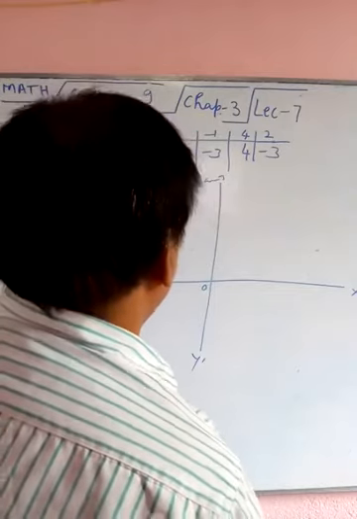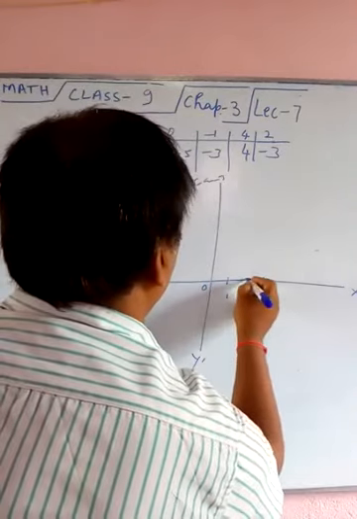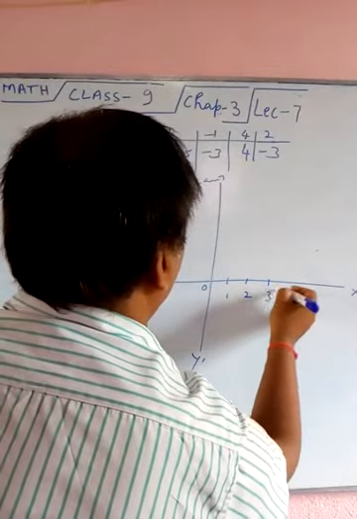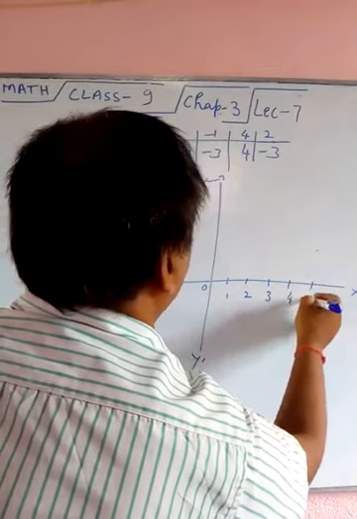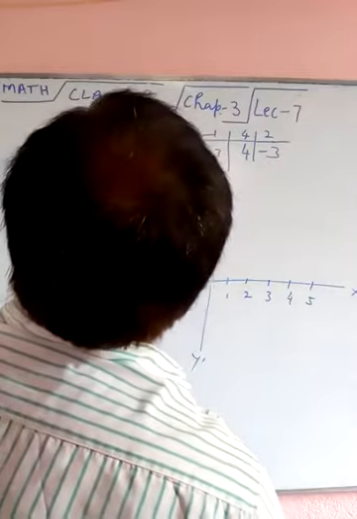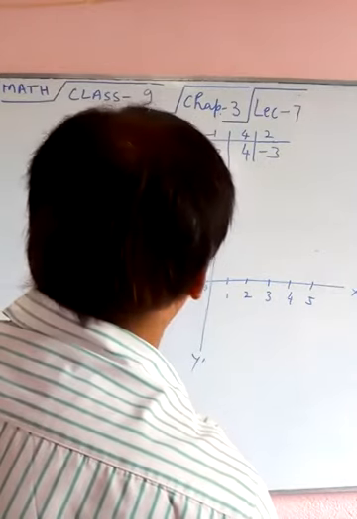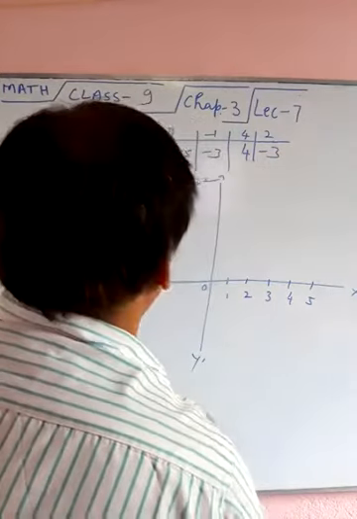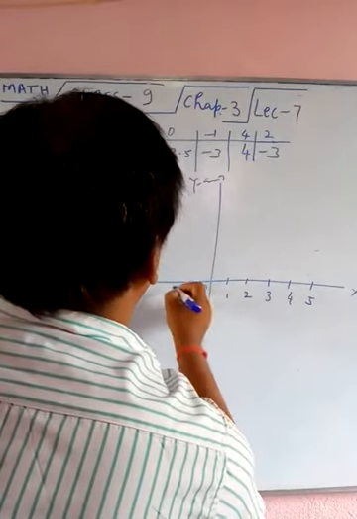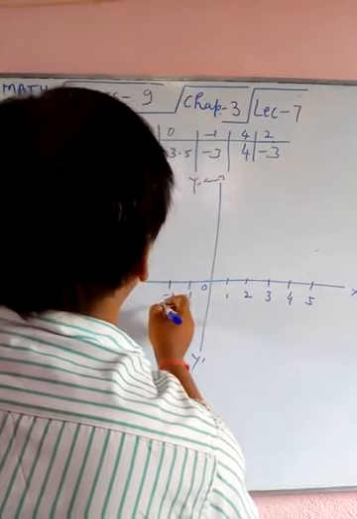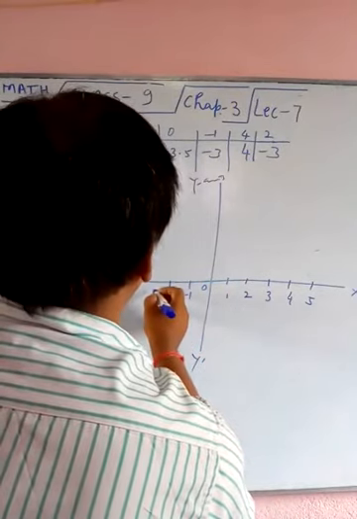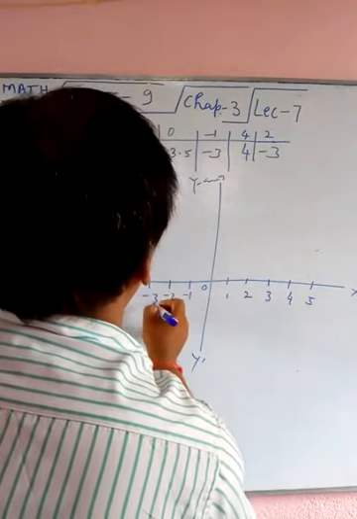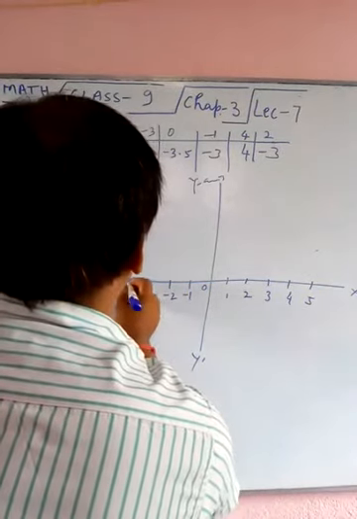So we write here 1 and 2, then 3, then 4, then 5 at equal distance in the positive direction, and in the negative direction this is -1, this is -2, this is -3, and this is -4.